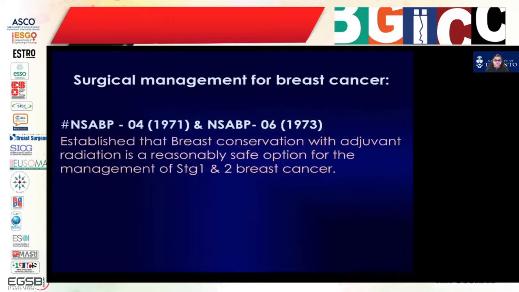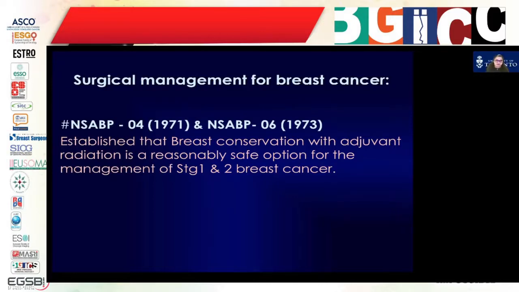The surgical management of breast cancer has changed following these large longitudinal studies, the NSABP trials 04 and 06. Basically what they showed is breast conservation with adjuvant radiation is equally useful in terms of long-term survival, local recurrence, and in all different parameters for the management of stage 1 and stage 2 breast cancer.